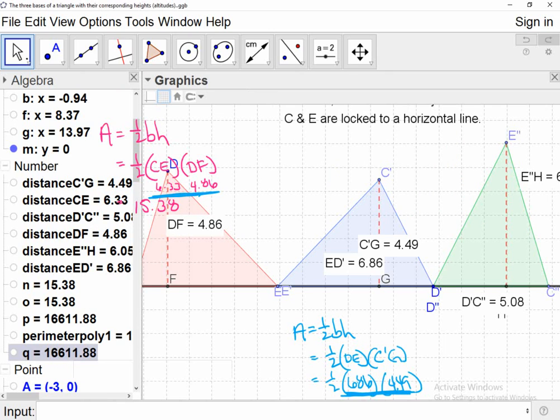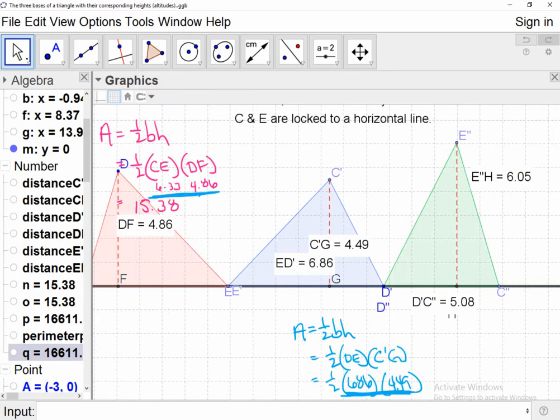I don't know why it's doing that, but let's see here. I'll just use the specific values. It's going to be a little bit off, but 1/2 times 6.05 times 5.08, if I do that, is that 15.37, pretty close to the 15.38?